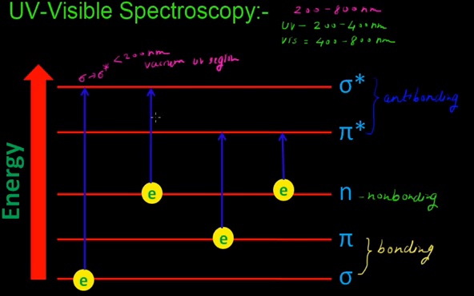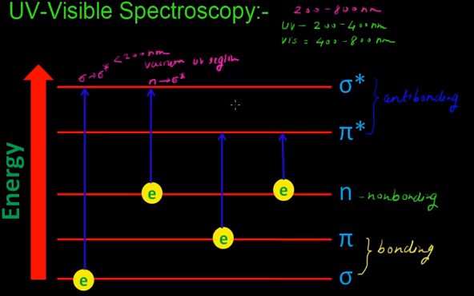The second electronic transition is non-bonding to sigma star. Such electronic excitation involves saturated molecules which contain heteroatoms such as oxygen and nitrogen. Specific examples like alcohols and amines all come under the non-bonding to sigma star transition.